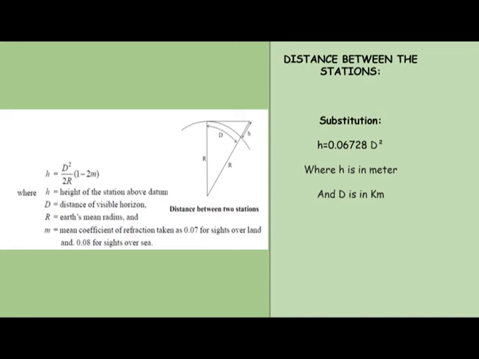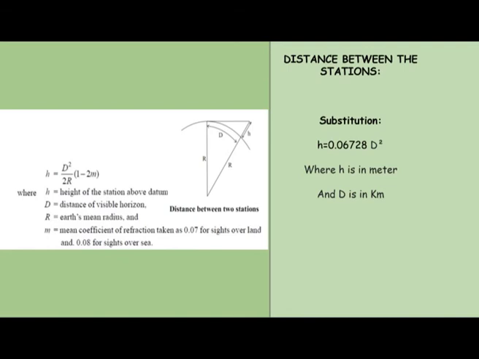So here on the screen, you can see the formula h = d²/2R (1 − 2m), where h is the height of station above the datum, d is the distance of visible horizon, R is the Earth's mean radius, and m is a very important factor, which is the mean coefficient of refraction, taken as 0.07 for sights over land and 0.08 for sights over sea.